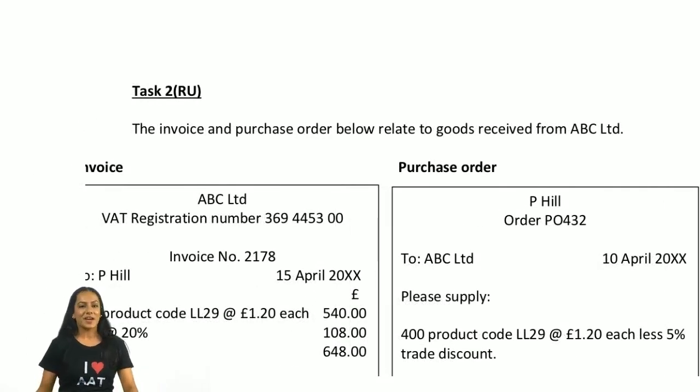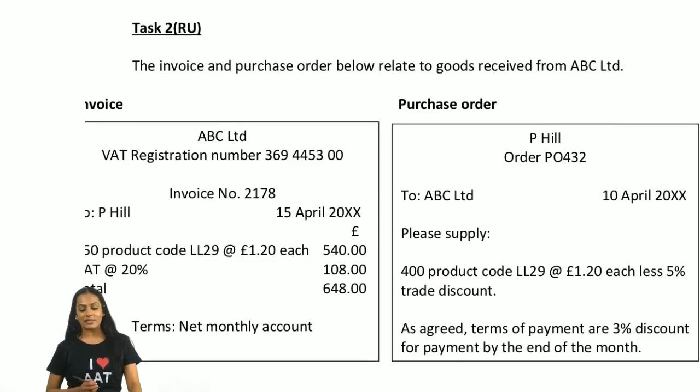Okay guys, so this is the task for Bookkeeping Transactions. This is the question relating to an invoice and a purchase order. This question is going to be testing the student's ability to check if the amounts shown on the invoice are correct, and the examiner may also ask us if there are any discrepancies or errors that we come across.